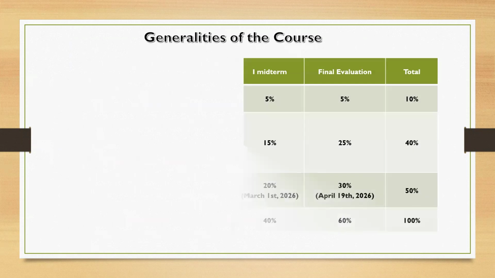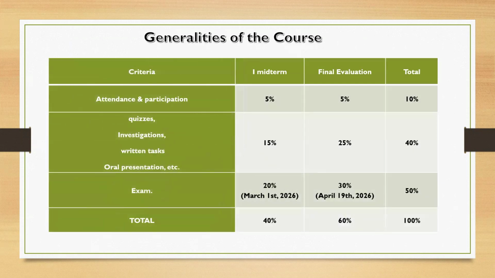So let's move on to the generalities of the course, folks. I know that this is not new for you. You know how the evaluation system works. In Sunday courses, we have the first midterm and the final evaluation. For the first one, folks, we have 5% for attendance and participation. In every virtual session, we will have a speaking section, okay?